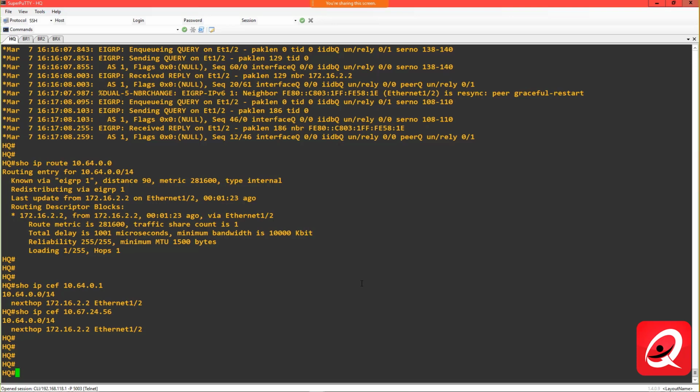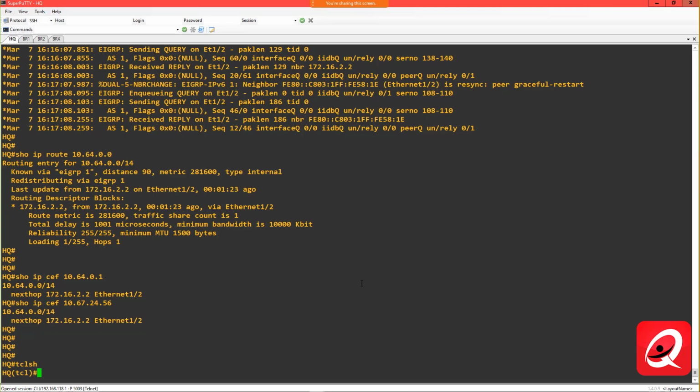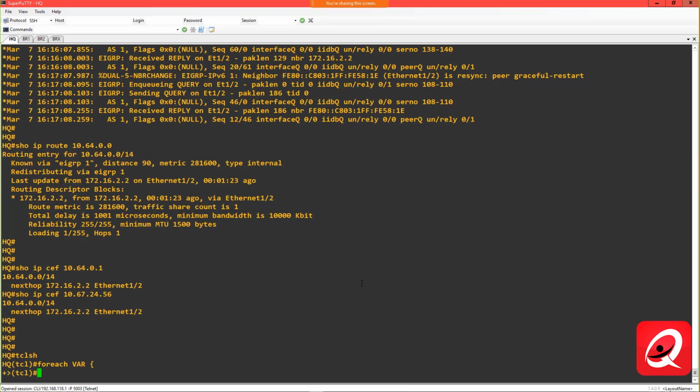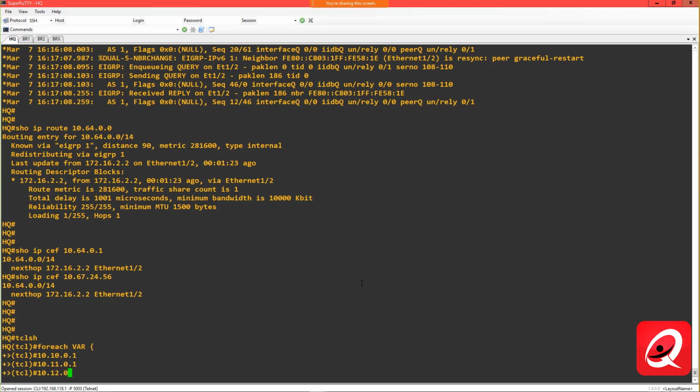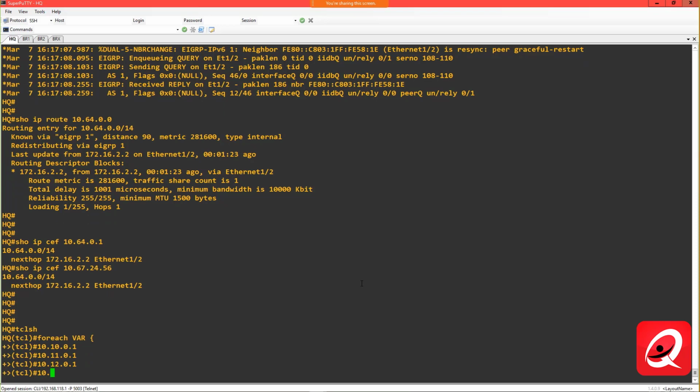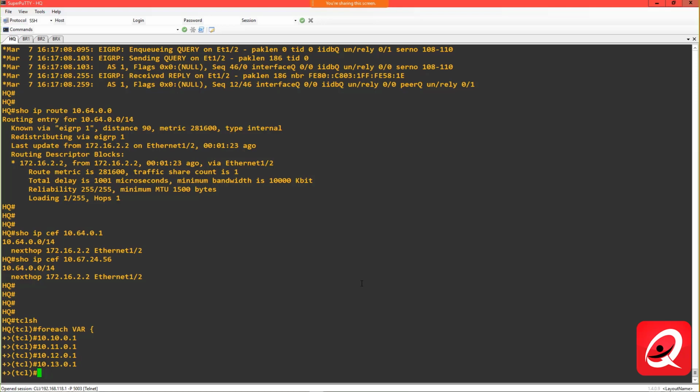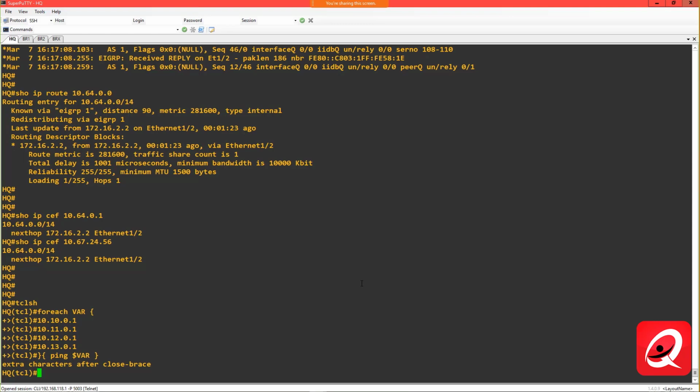So we can do a tclsh for a shell, and then say foreach var, in this case, 10.10.0.1, so we're going back up to the top router, 10.11.0.1. All I'm testing is reachability to all the loopbacks on that router now that we've implemented our summarization. So all I have to do is run that script.